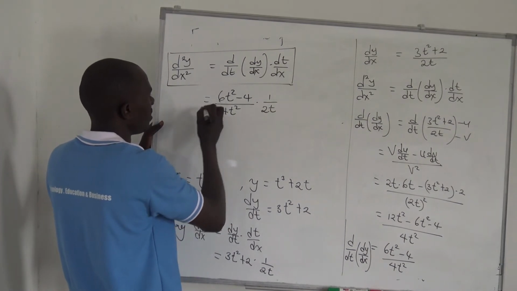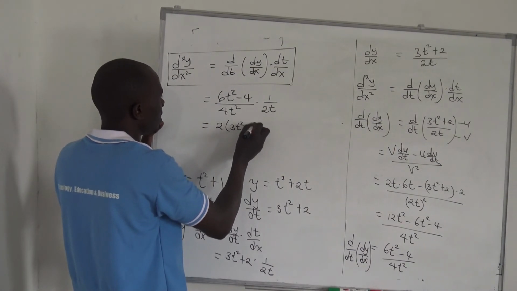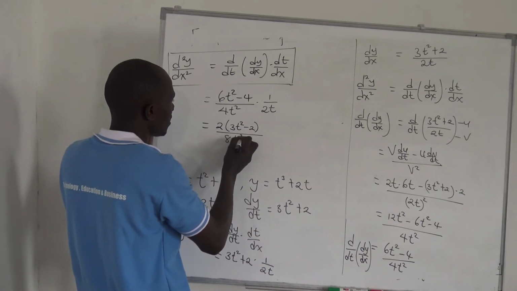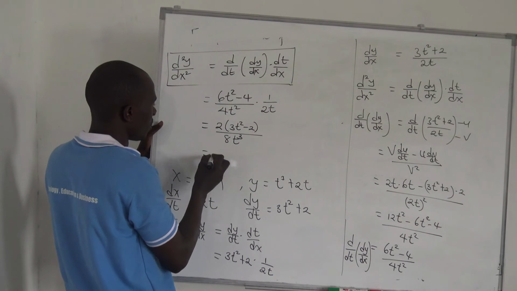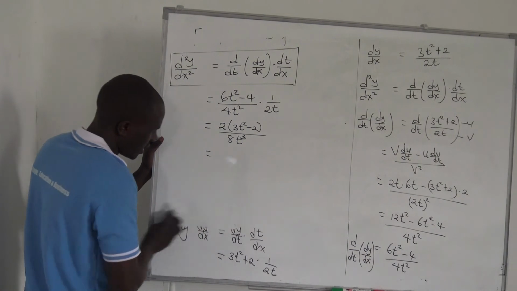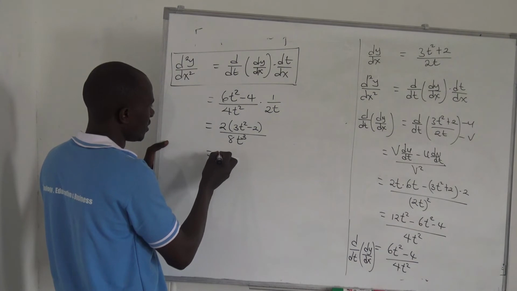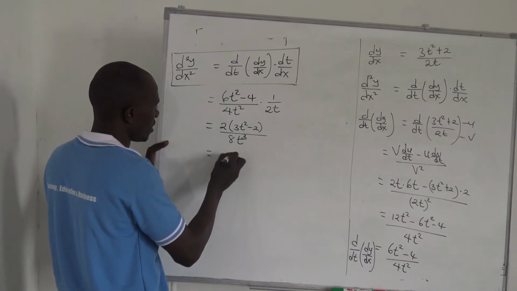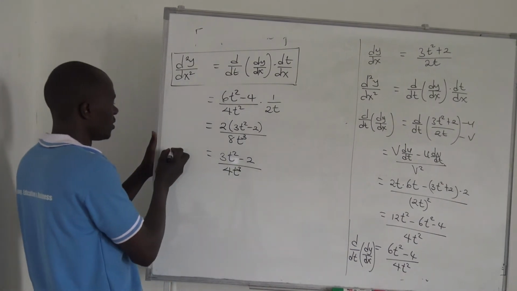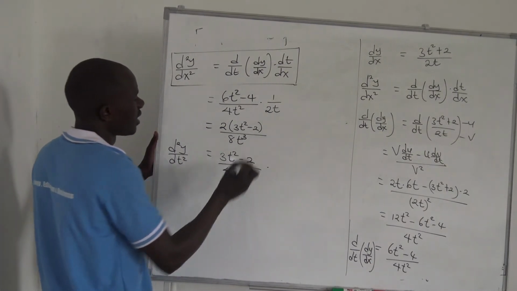So, what is common up is a 2 into 3t squared minus 2 over 8t cubed. So 2 reduces, and what we get is 3t squared minus 2 all over 4t cubed, which is d2y dx squared in terms of t.